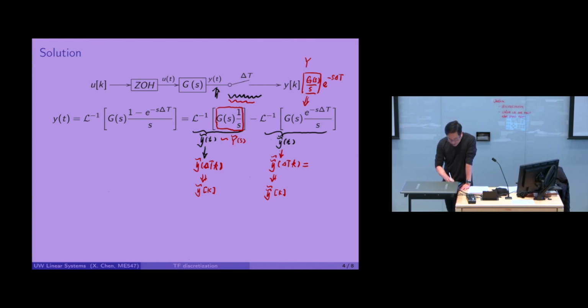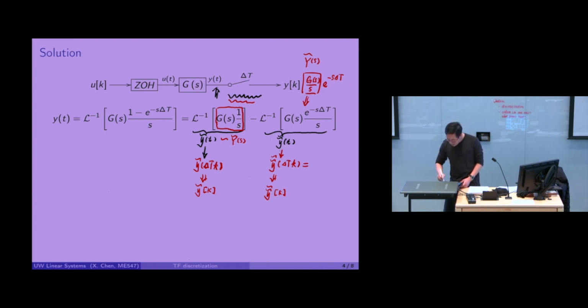Y tilde of s is G of s divided by s, right? We're just looking at the signal slightly differently. We can see that Y double tilde t corresponds to a Laplace transform that equals capital Y tilde of s times an exponential function.